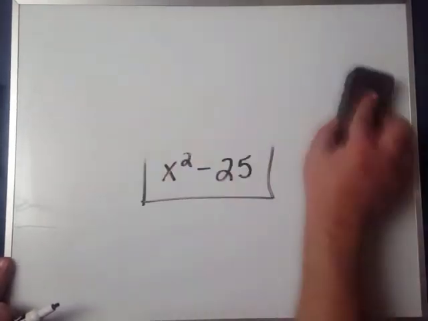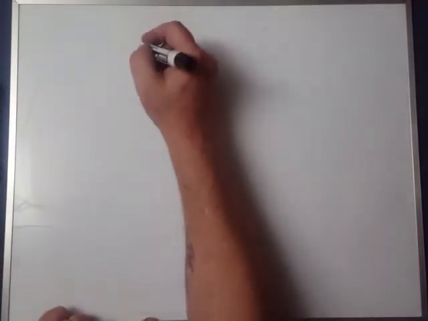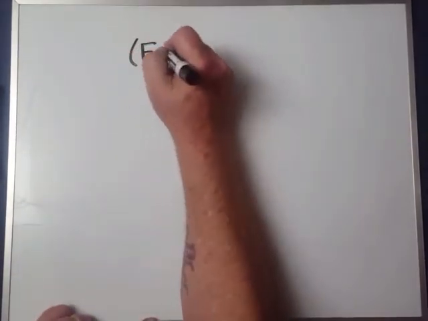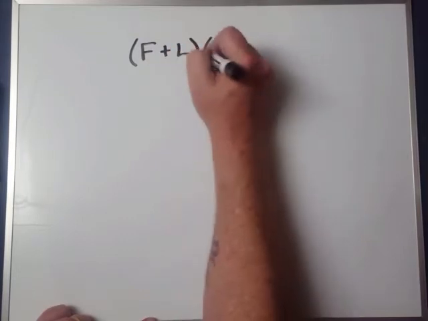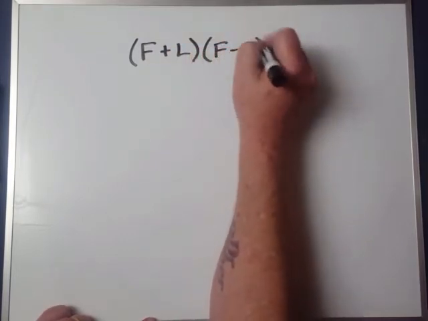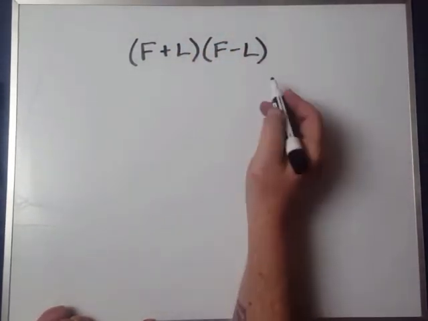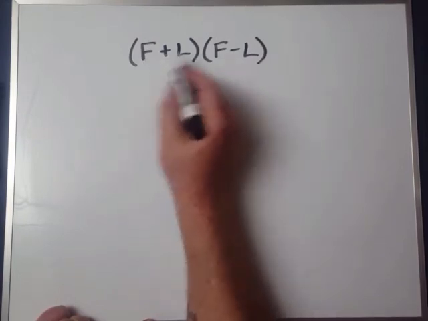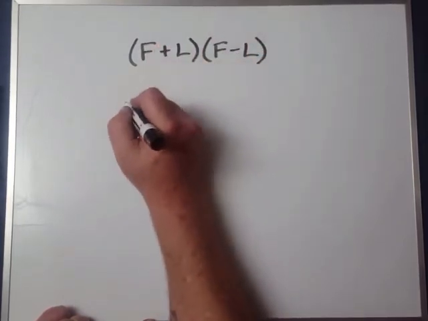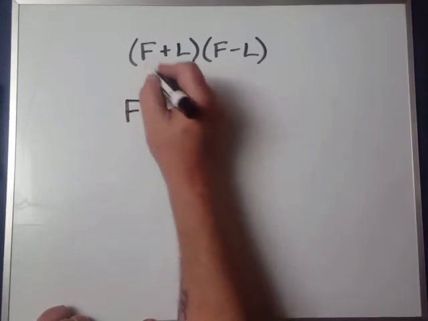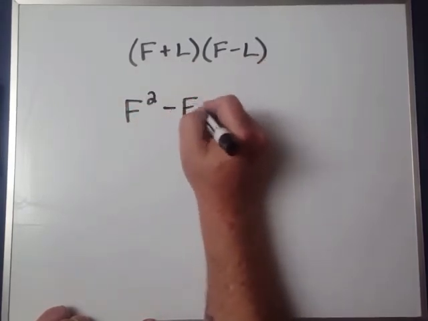Okay, let's consider this as a pattern now. If I have a first plus a last times a first minus a last, and if I FOIL this out, I'm going to get product of the first, F times F is F squared. The outside, minus FL.